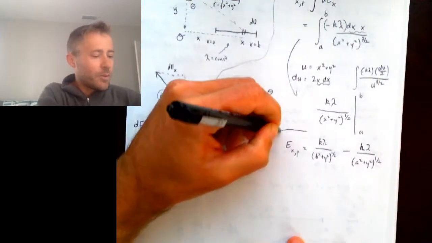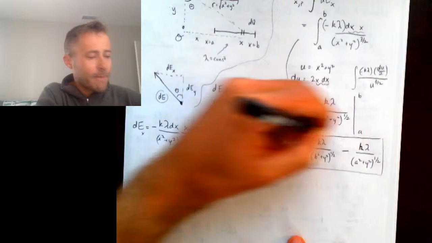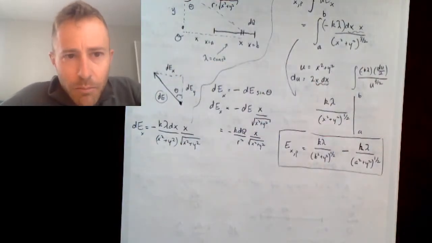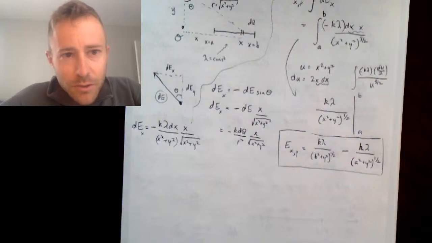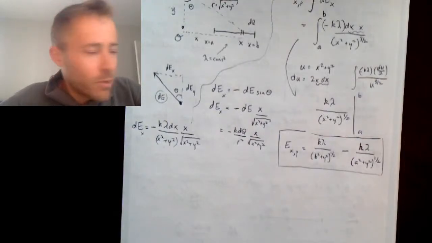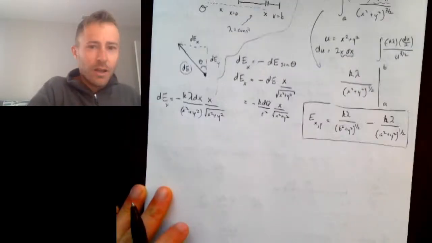So that is going to be my answer. I really encourage you to solve these problems purely in terms of variables because it's just more clear that way. So do that if you can.